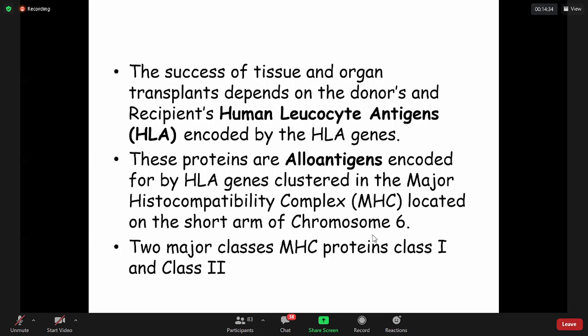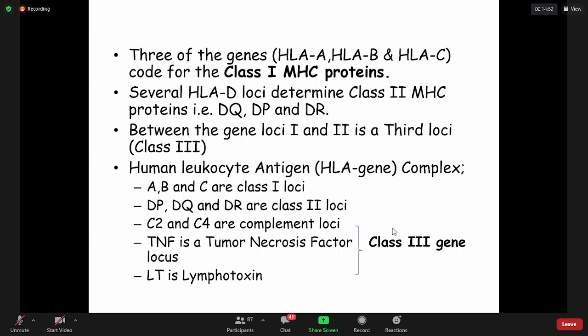And these are called alloantigens, and they are found on the short arm of chromosome 6. We all know that we have two major histocompatibility proteins, class 1 and class 2. These are coded by genes, as we already know.